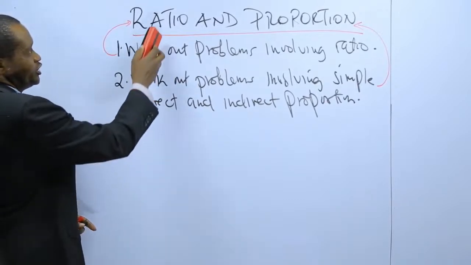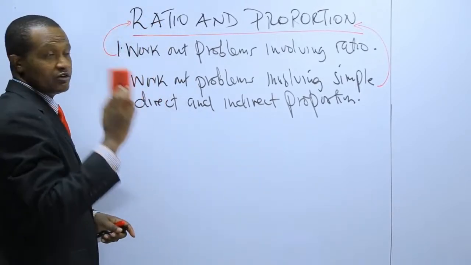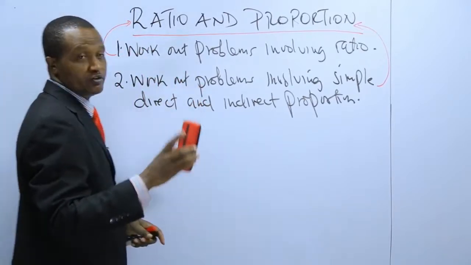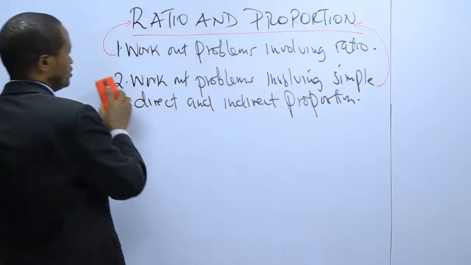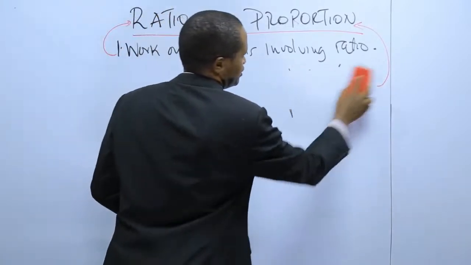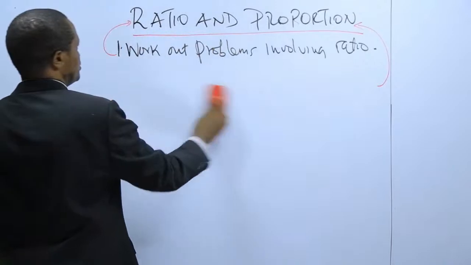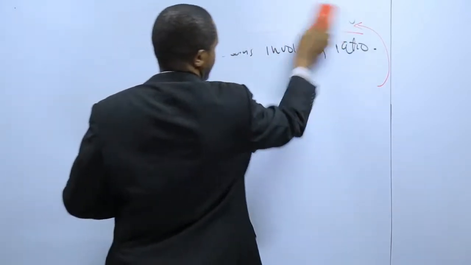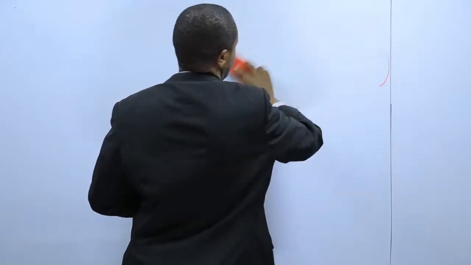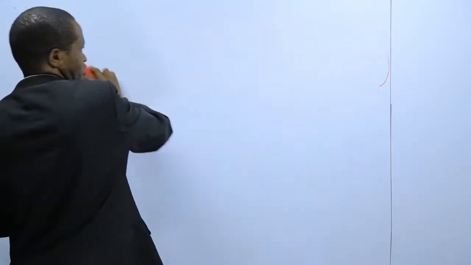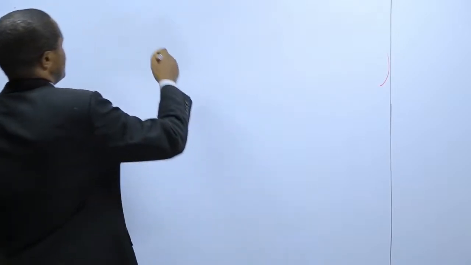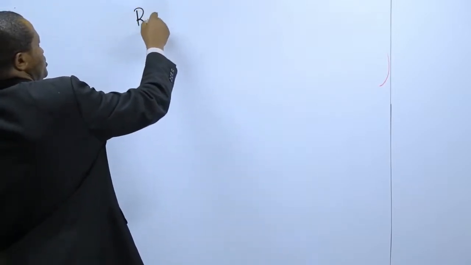By the end of this unit you should be able to work out problems involving ratio. So let's focus our attention on ratio. Then we will move on to proportion later on. Today we will focus on ratio.